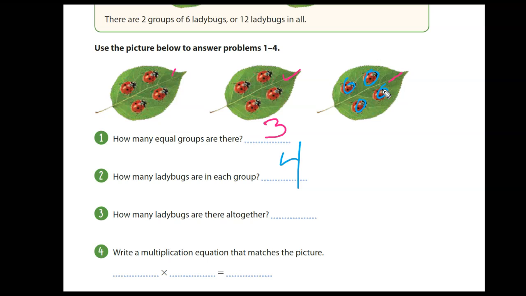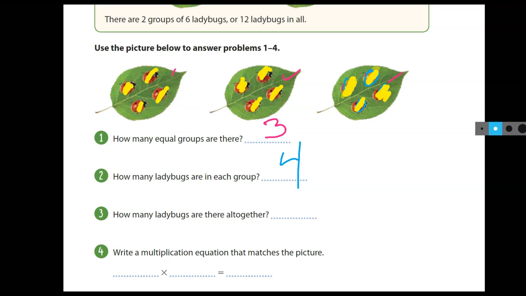So how many ladybugs are all together? Well, don't I have to count them all? Let's see. 1, 2, 3, 4, 5, 6, 7, 8, 9, 10, 11, 12.